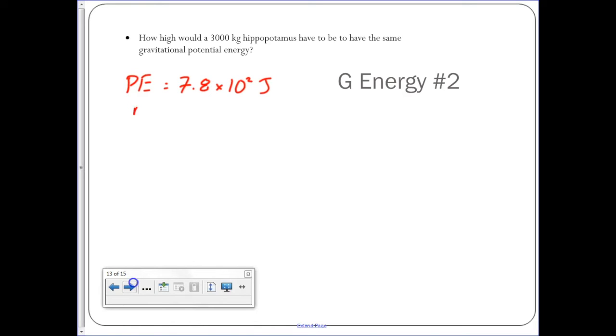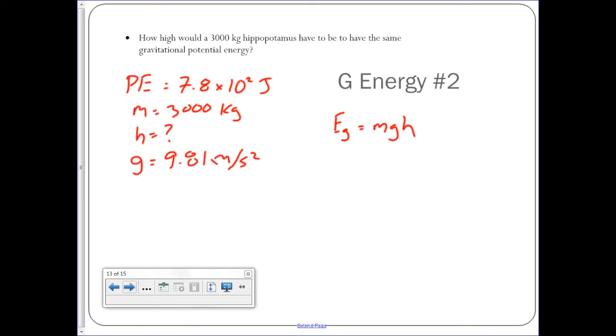We're going to use the mass of 3,000 kilograms, and we are looking for the height. Again, don't forget our variable of 9.81 meters per second squared. Now, we look at our formula, mgh. We're looking for our height this time, so we're going to divide both sides by mg.